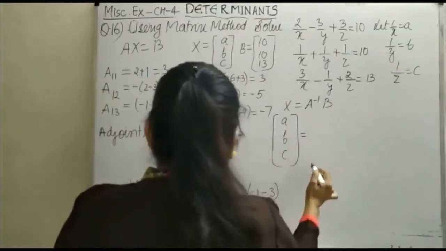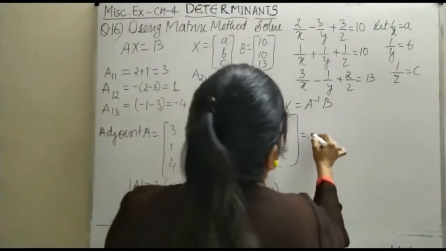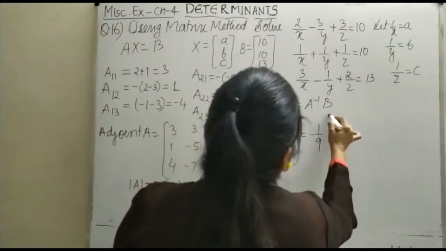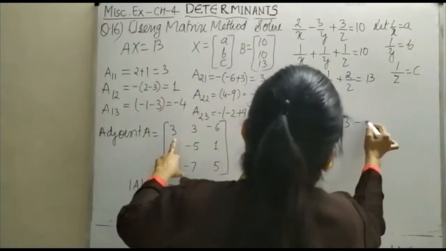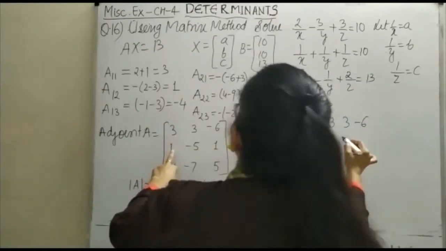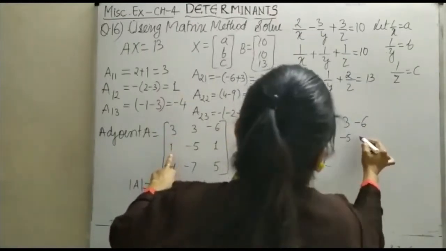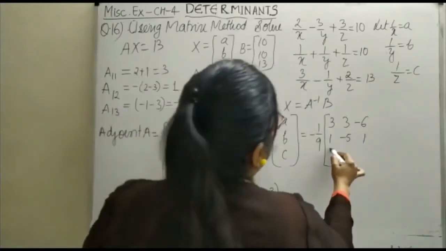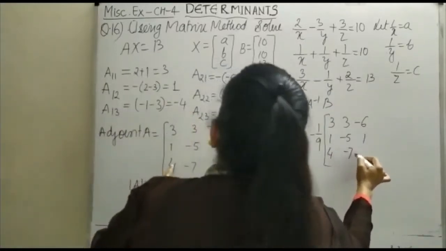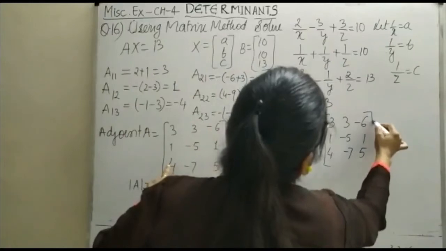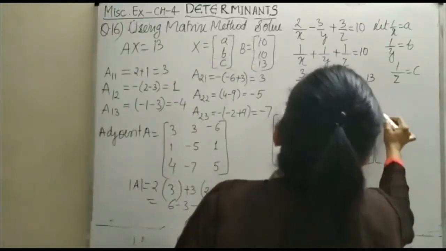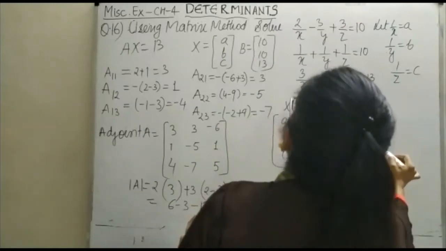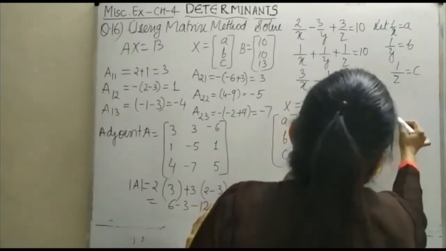Your A inverse is minus 1 upon 9. Keep other values, 3, 3, minus 6, 1, minus 5, 1, 4, minus 7, 5, and your B, that is 10, 10 and 13, right?